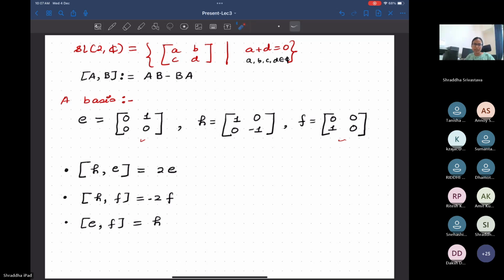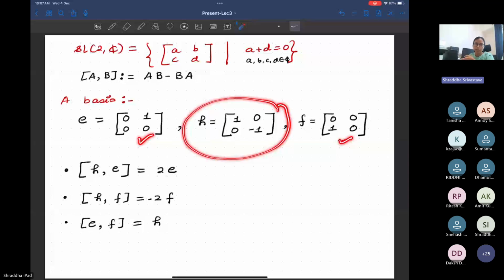They are trace zero matrices, that is definitely true. But can you say something where E and F belong, but H does not? H is in another class. Nilpotent matrices. Yeah, exactly. So E and F are nilpotent, while H is your diagonal matrix, right?